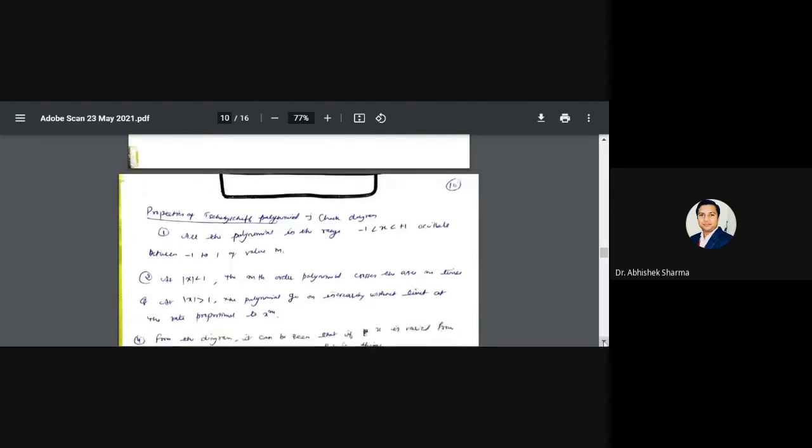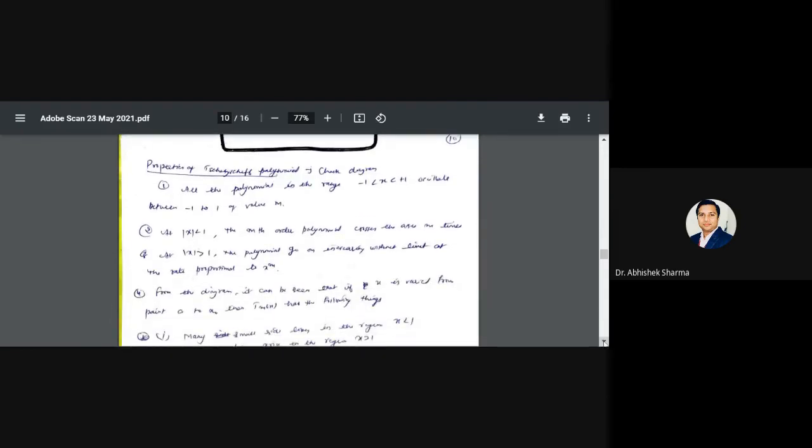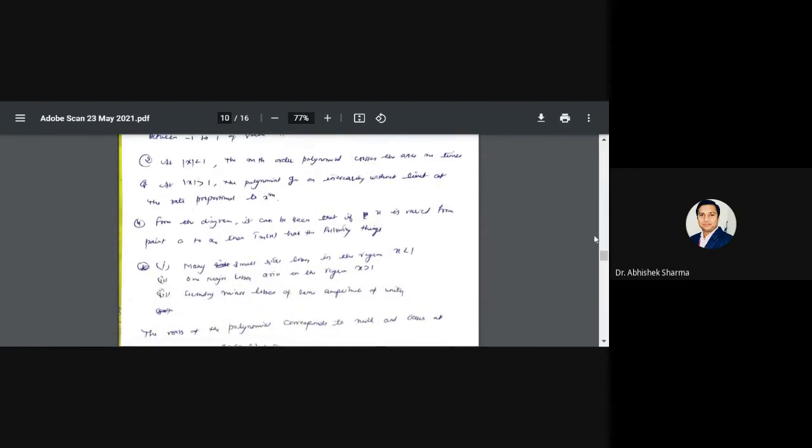And from the diagram, it can be seen that if x is varied from a point A to x naught, then Tmx has the following things. One is many small side lobes in the range x less than 1. One major lobe arises in the range x greater than 1. Secondary minor lobes of the same amplitude of unity.